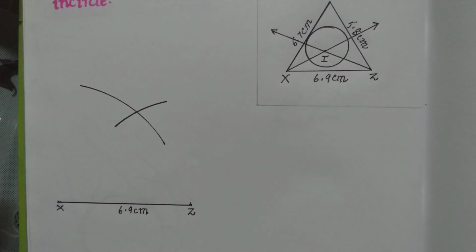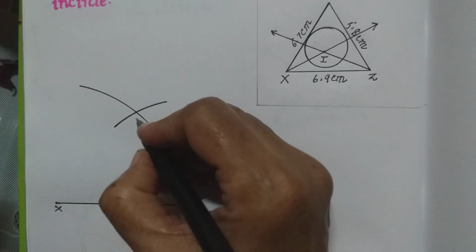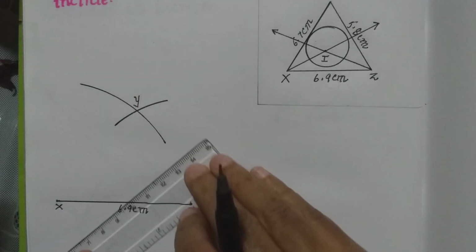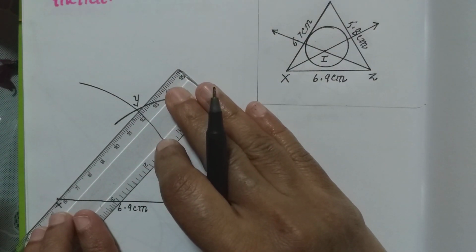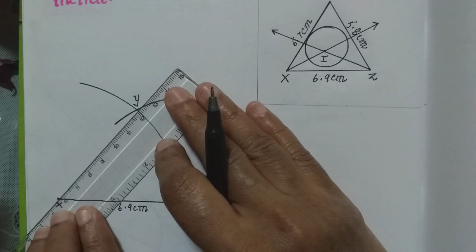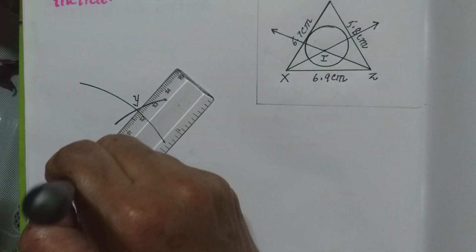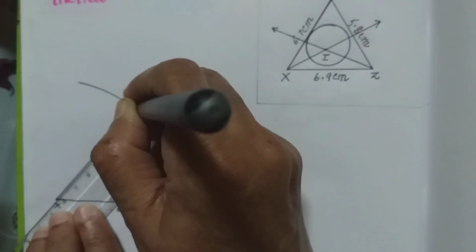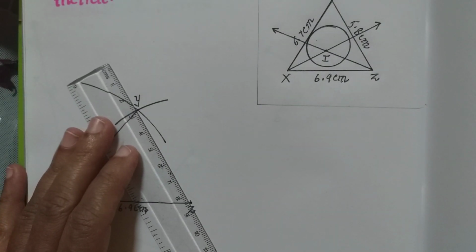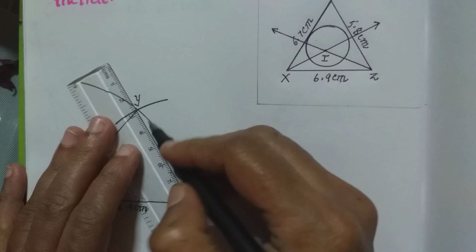This point of intersection of these two arcs will form the vertex Y. So now I will join X to Y to form the side XY, and I will join Y to Z to form the side YZ.